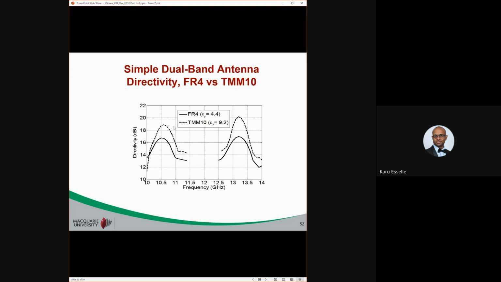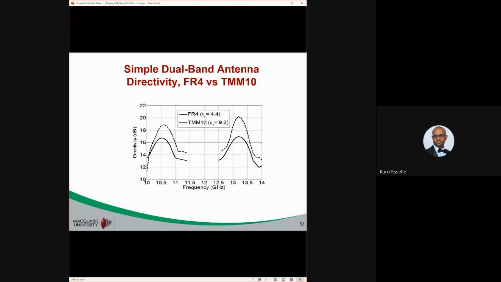If you use TMM10 or high quality low loss material with a high dielectric constant, you get more directivity and also gain very close to the directivity. If you use low dielectric material like FR4, your directivity is less, but because these are lossy, efficiency is even less, the gain is even less than the directivity because of the material loss.